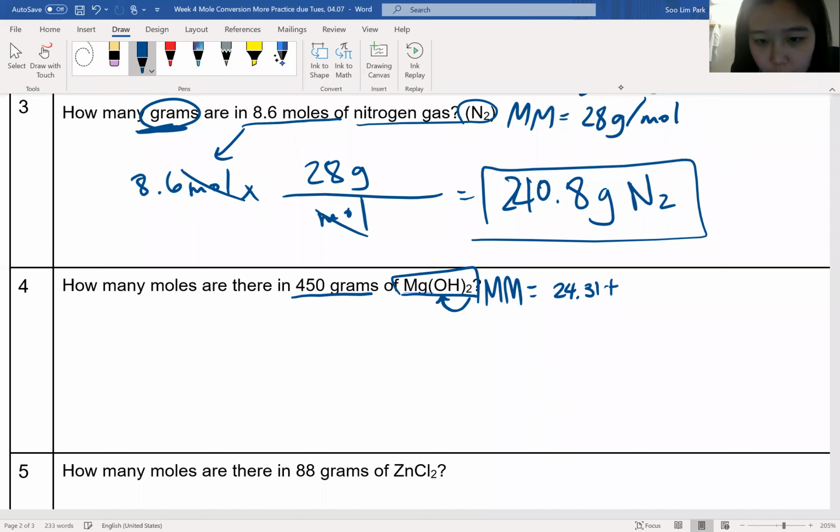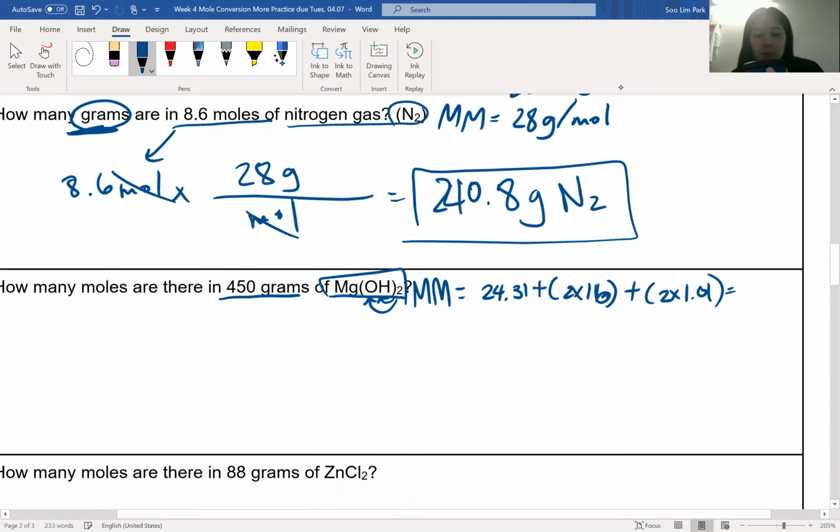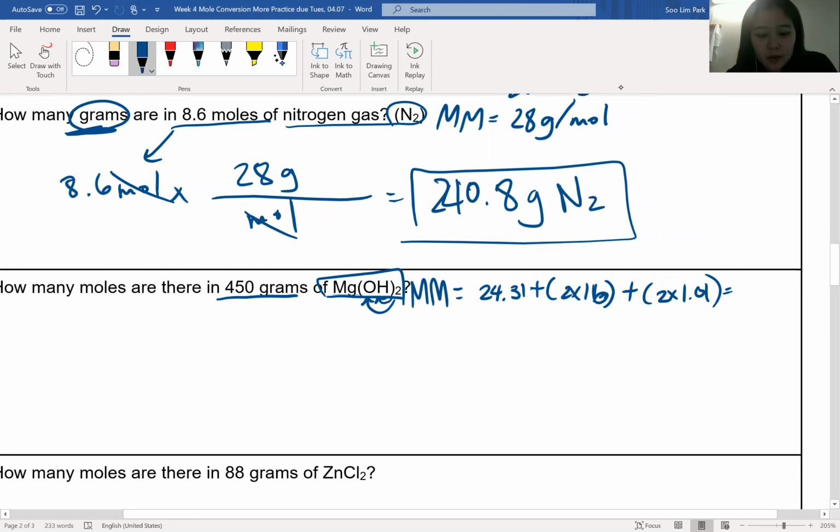We have 2 of them because that 2 gets distributed. So we're going to do 2 times 16 for oxygen. And we also have 2 hydrogens, 2 times 1.01. I'm going to plug that into the calculator and I get 58.33 grams per mole.